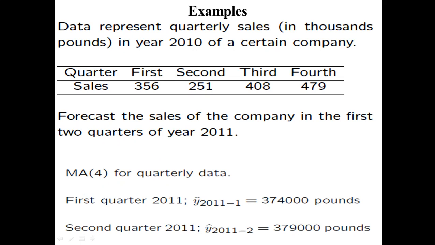So we will add the second quarter plus the third plus the fourth and plus the first quarter in 2011. We will add 253 plus 408 plus 479 plus 374 over 4.